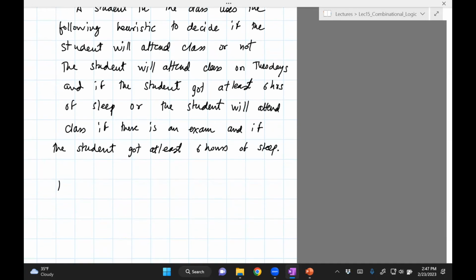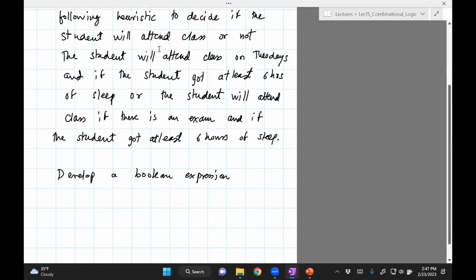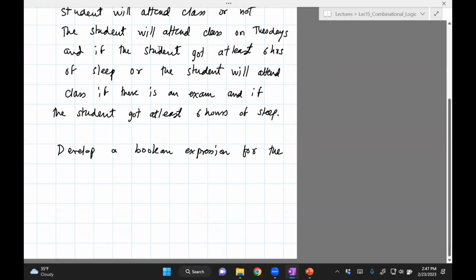Okay, so the question is, develop a Boolean expression for the student's heuristic.